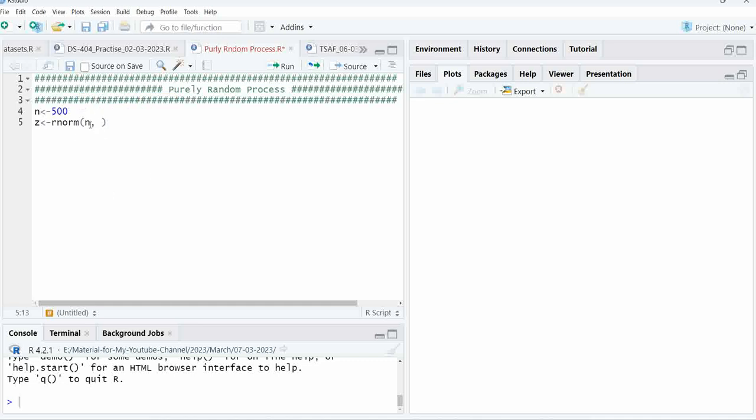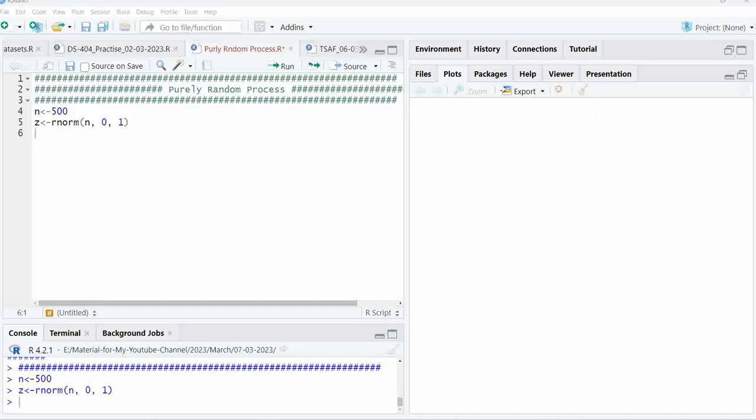You can directly write here 500, no worry. And then this is with 0 mean, and variance 1. Okay, let's run this and then run this, and you can see in the slide what is the next.